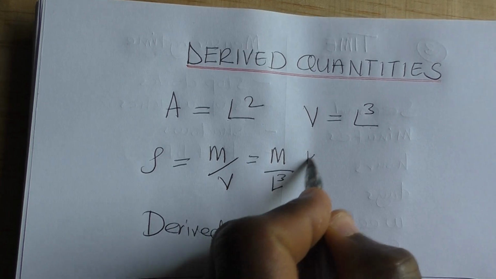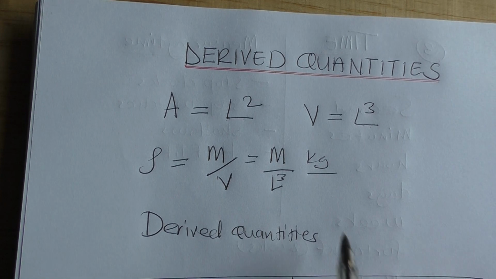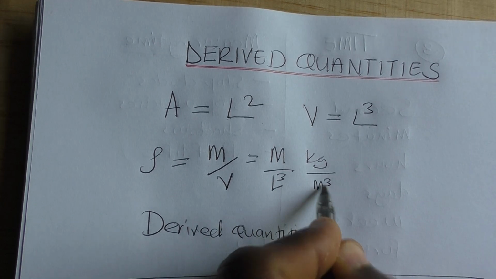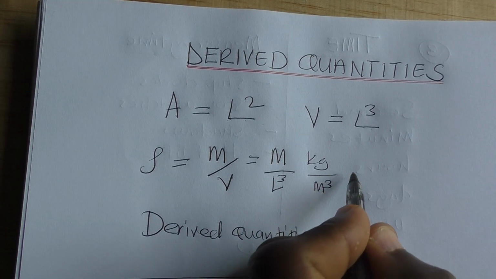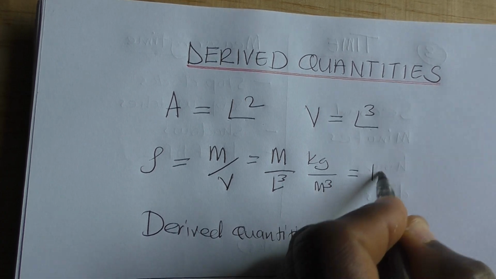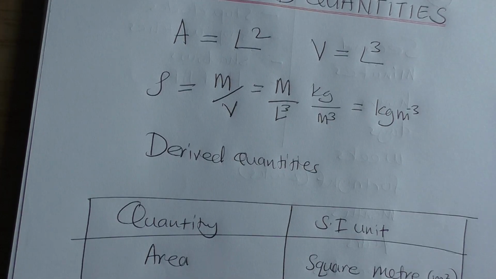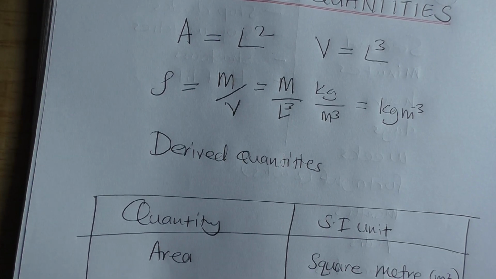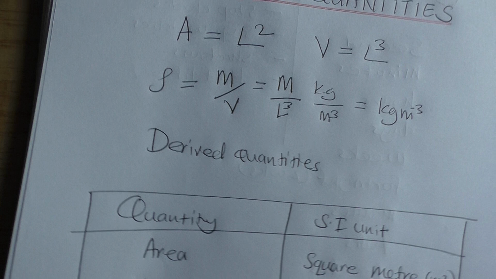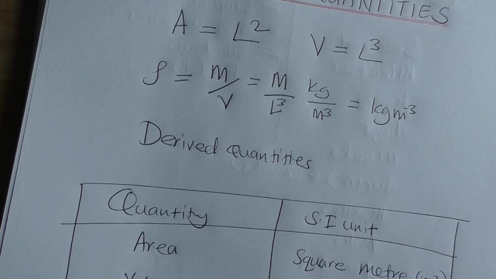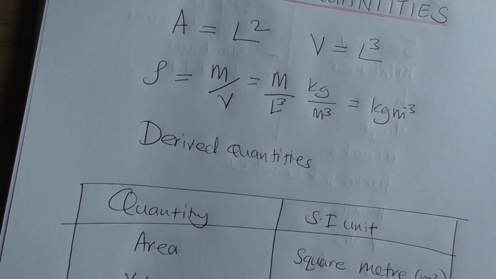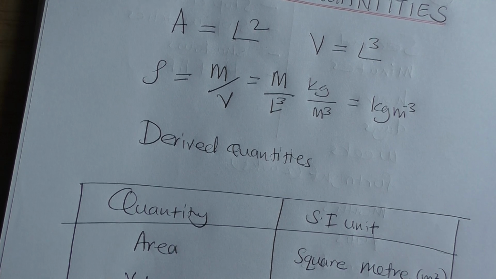Mass is measured in kilogram, volume is measured in meters cubed. Hence, the SI unit of density will be kilogram per meter cubed. So, density is measured in kilogram per cubic meter.